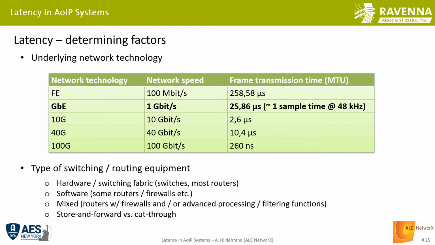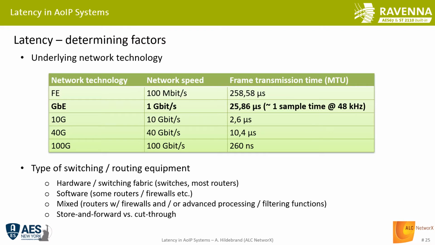So a switch can also, while it receives the first bits of a frame, which carry the destination information, start to forward the data onto the output port, with the risk of not being able to transport the full packet, because if the full packet never arrives, it's an invalid transmission. But these are different technologies which are available. The standard technology is actually store and forward. That's what we have most times when we're looking at network technology.